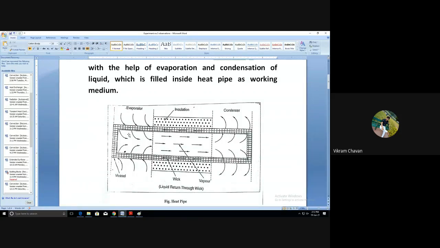Once the liquid is converted into vapor form, due to the pressure difference these vapors travel from the evaporative section to the condenser section. The condenser section is placed where the heat sink is present.